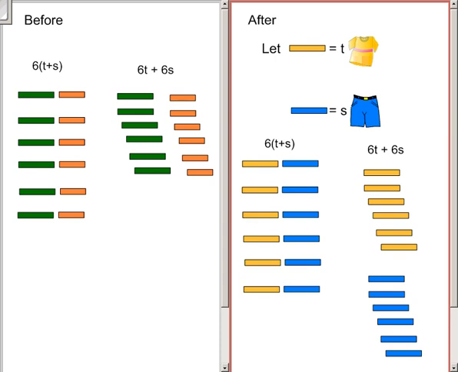We decided to change it so that the algebra tiles were the same color as what we're trying to find, which is the t-shirt. So we let the yellow block represent the t-shirt, and the blue block represent the shorts. And again, we're showing how if you distribute it, you get the same number of algebra tiles for each one.